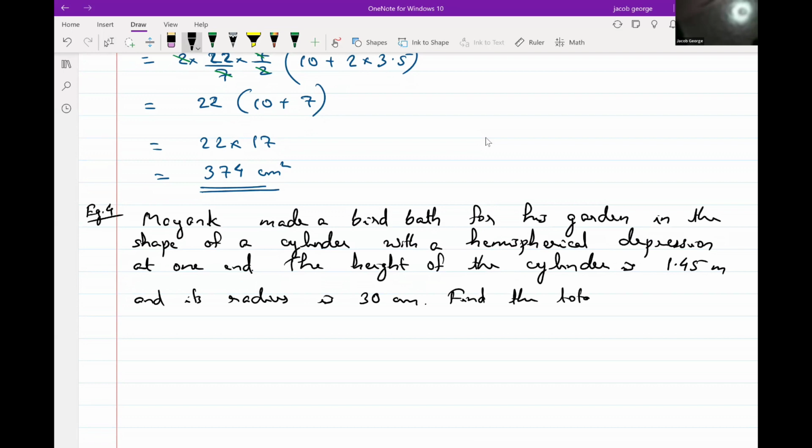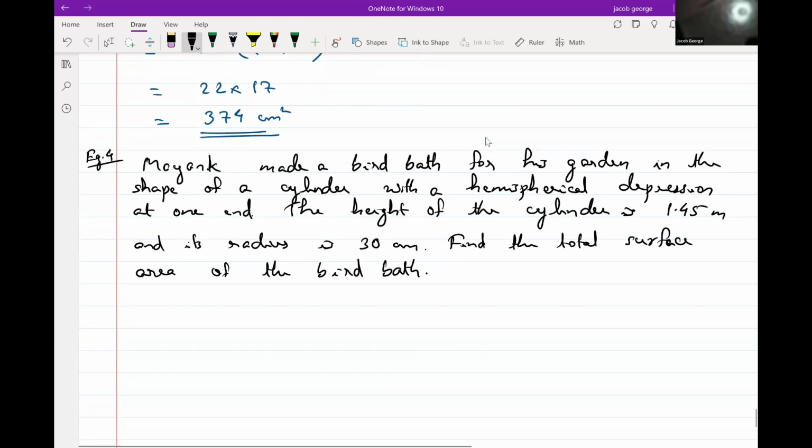Find the total surface area of the bird bath.